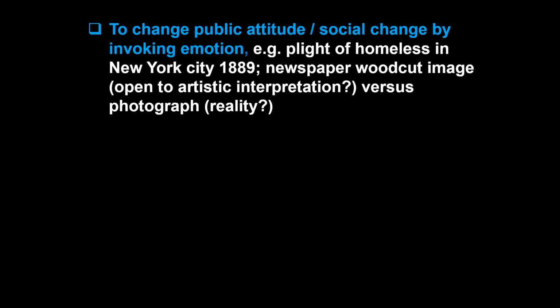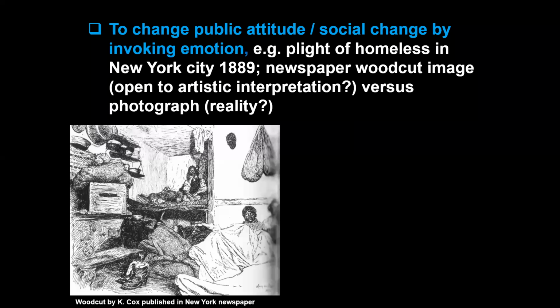Okay, so one of the things that I like talking about is, if you're going to change public attitude, there was this case of the plight of the homeless in New York City in 1889, and the newspaper at that time couldn't reproduce photographs. They had woodcuts. And there was the question of, is the woodcut an interpretation of reality, or is a photograph better because it supposedly is reality?